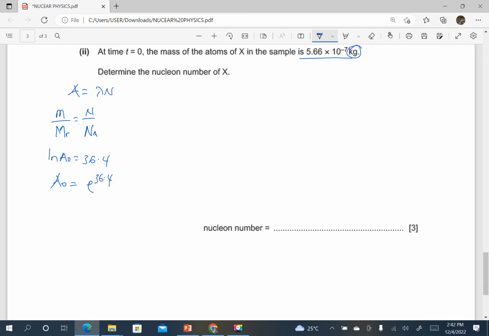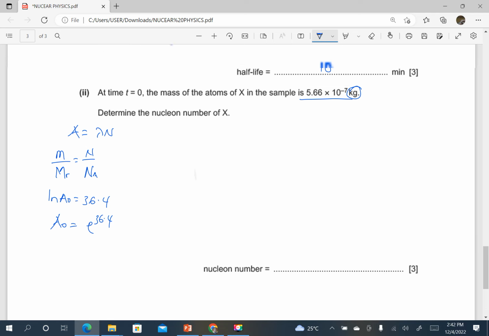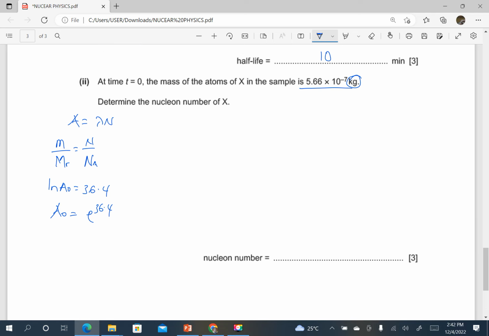The decay constant, lambda, was 0.070, remember, per minute. That is 0.070 over 1 minute. So I will change it to per second, so it will be 0.070 over 60.